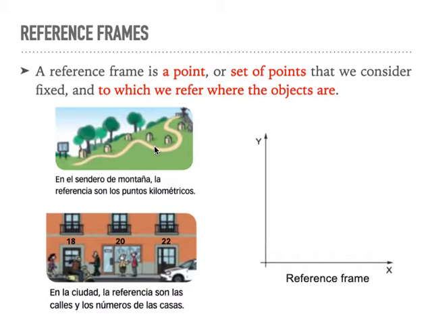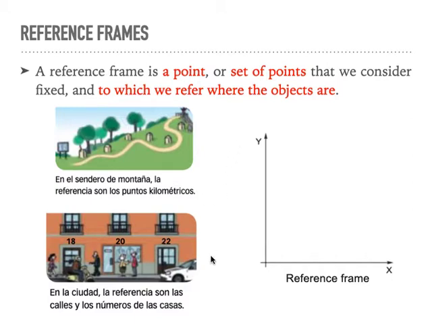So that's the reference frame for all the roads in Spain, actually, for all the main roads. That's kilometer zero. That's a reference frame, but we can consider any other, like for example the numbers in a street. That's the reference, how we know if we are farther away or closer.